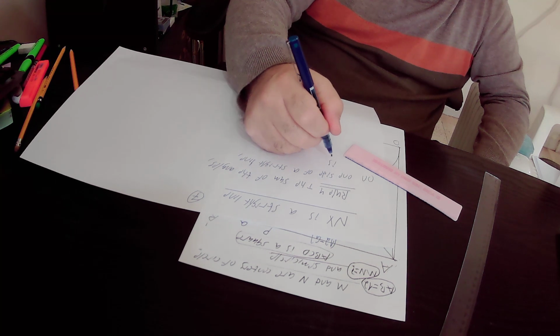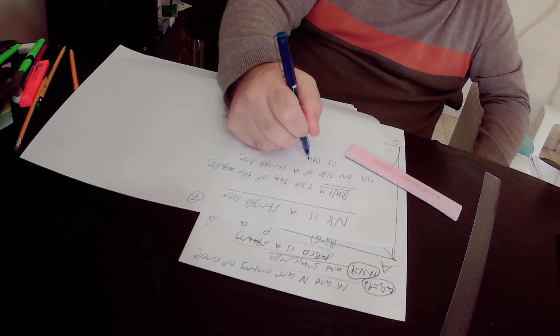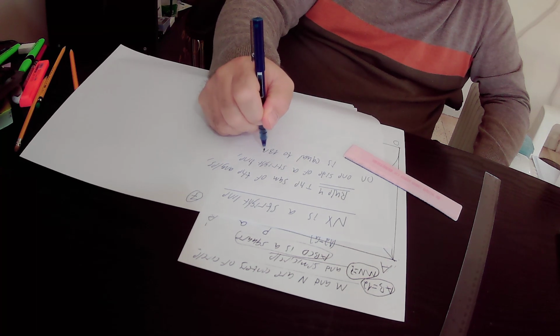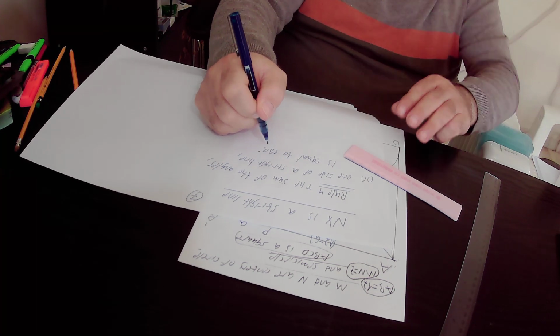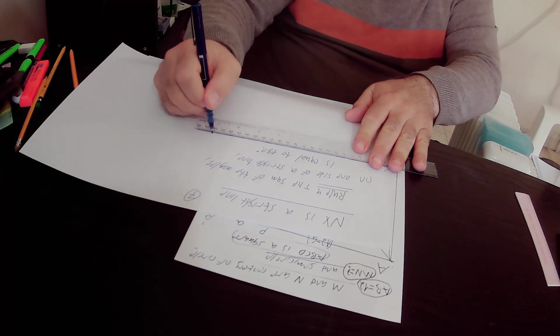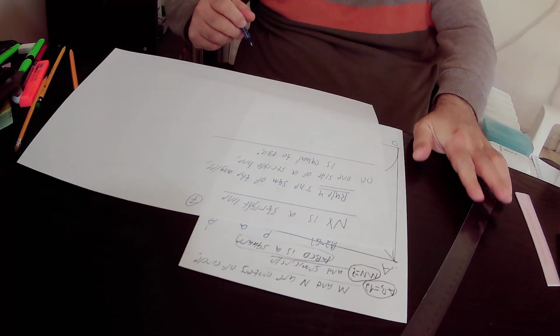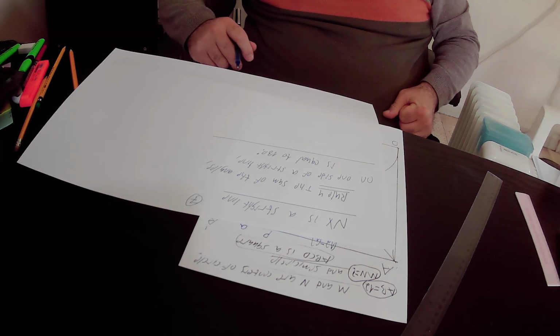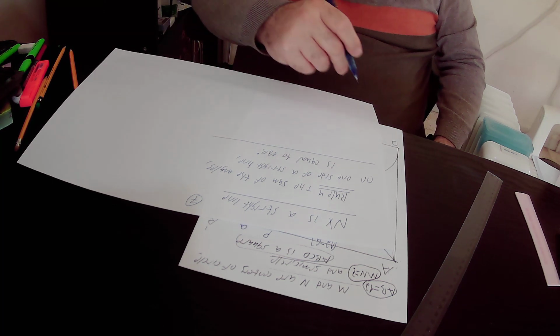I repeat rule number 4 again. The sum of the angles on one side of a straight line is equal to 180 degrees.